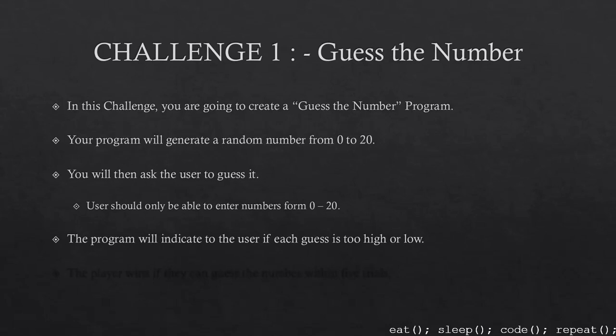Whatever the user guesses, the program is going to check whether it is too high or too low. The player wins if they guess the number within 5 trials. So the user is given 5 trials, and if the user guesses it, then he wins. So this is what the challenge is.